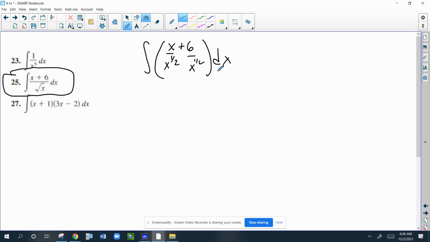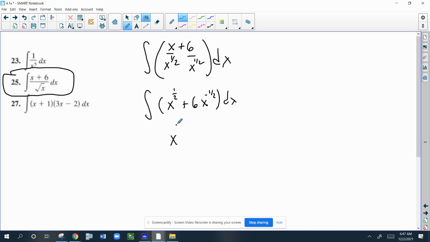So put both of them over the square root of x. Simplify using rules of exponents. Those variables must be on top of the fraction. Now you can integrate both of these terms separately.